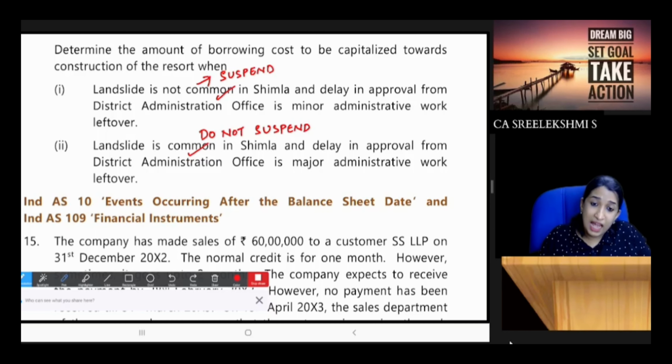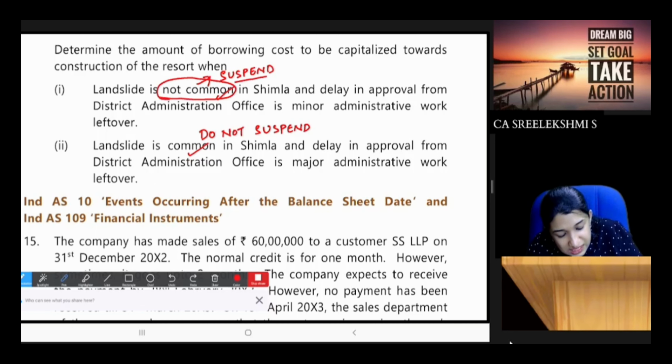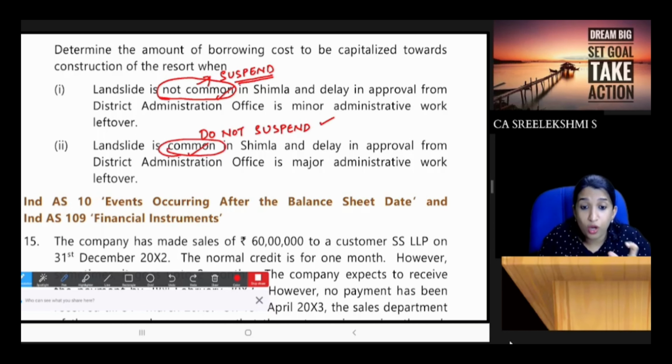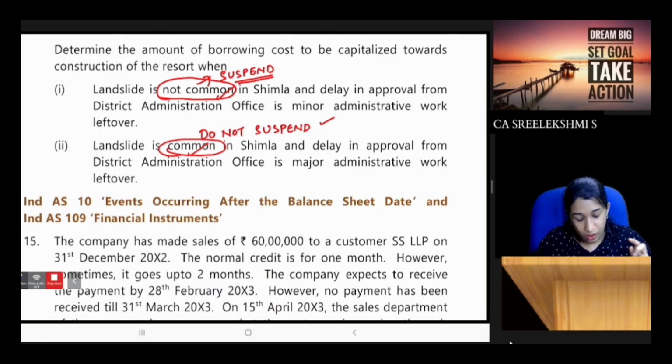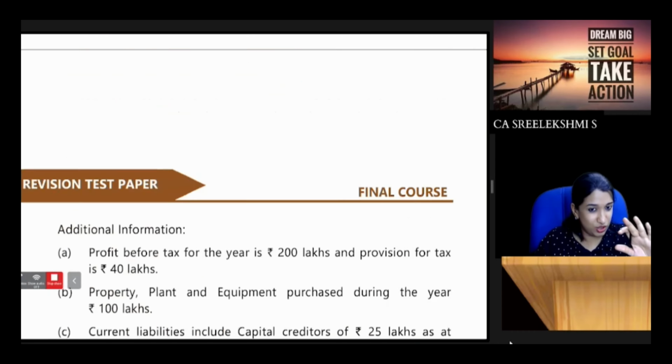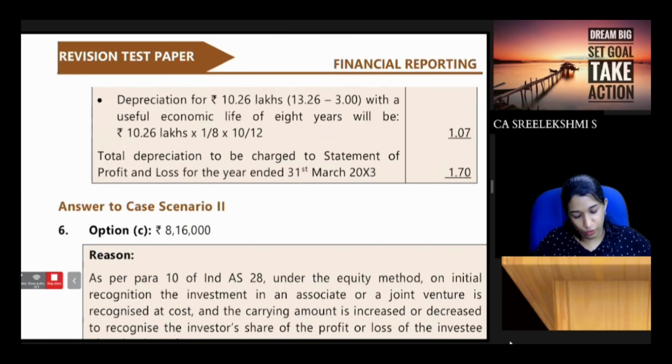If the natural calamity is common, do not suspend. That is already assumed, already considered. So do not suspend, that is common. Continue capitalization. Okay, fine. So just I'm showing you the answer.